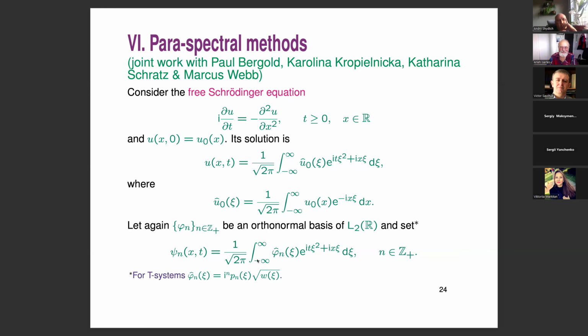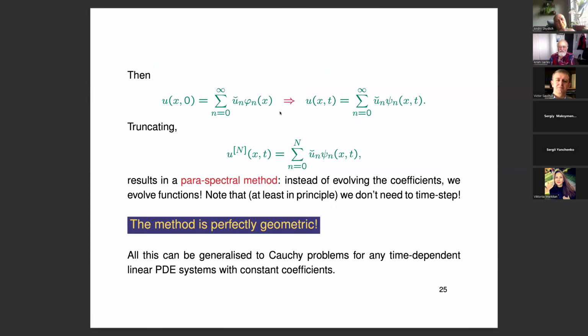And this means that the exact solution of this equation is a linear combination of these functions here, a linear combination which is determined by the expansion of the initial condition. So if the initial condition is expanded, say, as the sum from 0 to infinity of u check n phi n, then to obtain u of x, t, all you need is to replace phi n by psi n, and of course you truncate both.